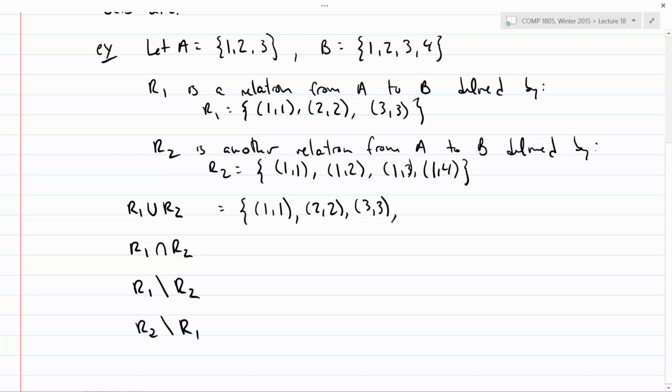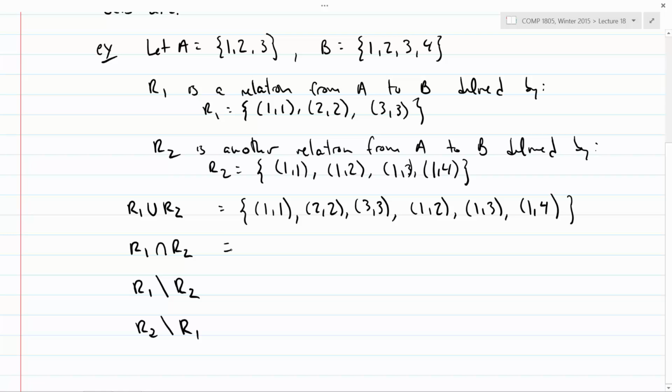And now we write down what's in R2. Well, I already wrote down (1,1), so I won't write it again. But there's (1,2), (1,3), and (1,4). So that's the relation R1 union R2. It consists of all pairs that are either in R1 or in R2.